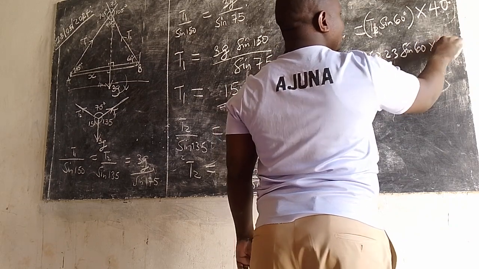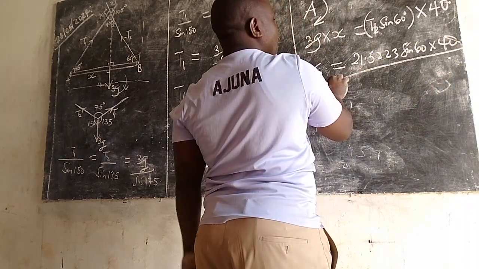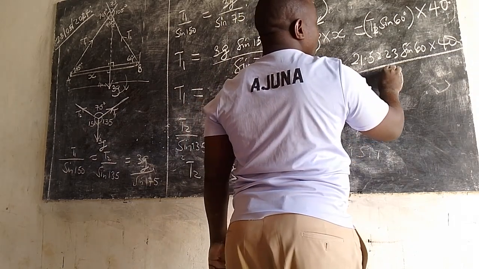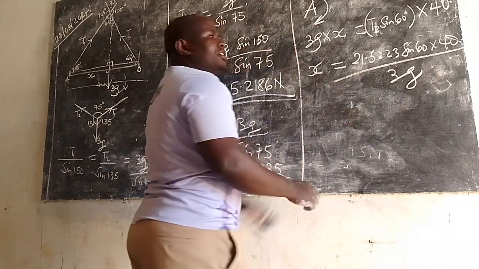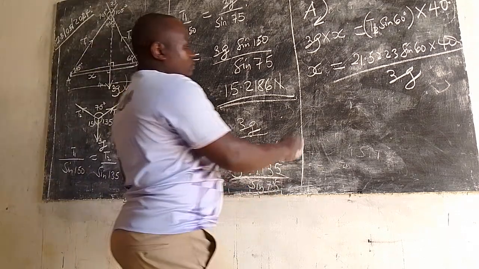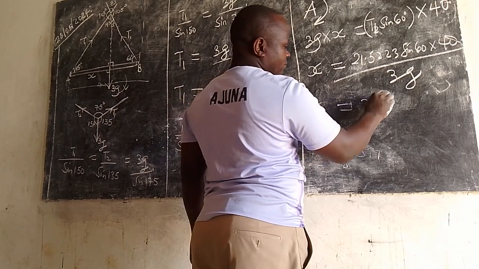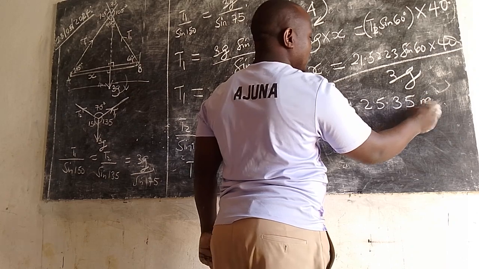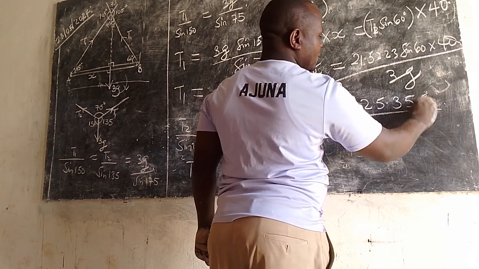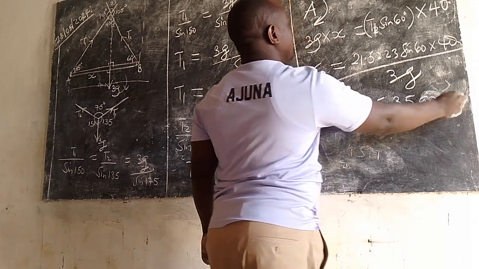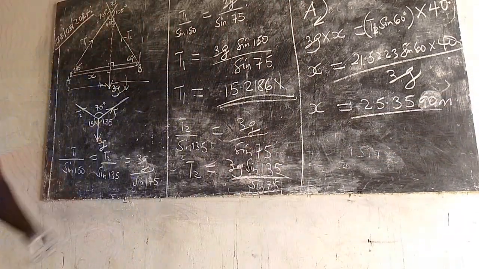Sine 60 times 40, all over 3g. 3g is 29.4. What do we get? You get 25.3590 meters.